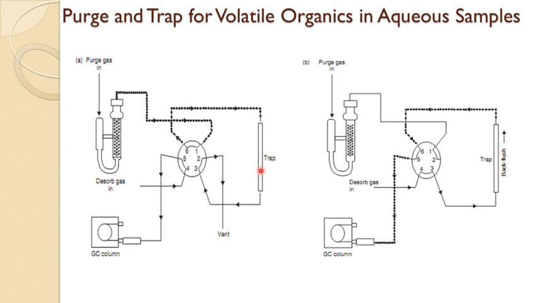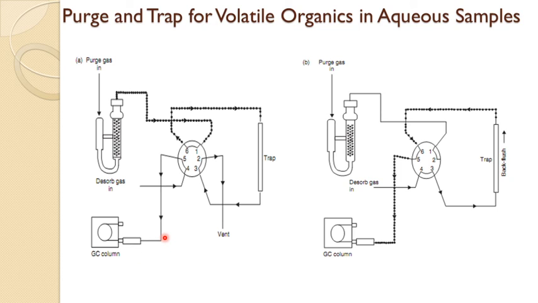When a sufficient amount of the compound is trapped, it is used for the analysis. At that time the situation changes. Here you can see the 6-port valve in which 6 and 1 are connected, 2 and 3 are connected, and 4 and 5 are connected, where the desorption gas is passed directly to the gas chromatography. At the time of purging gas, the valve is not connected into the gas chromatographic system.